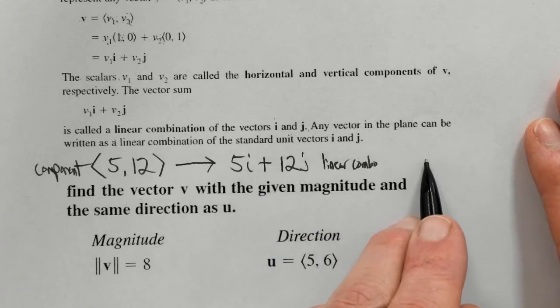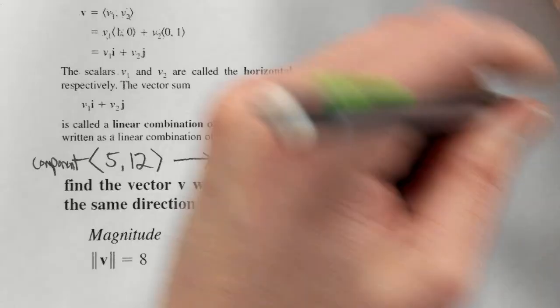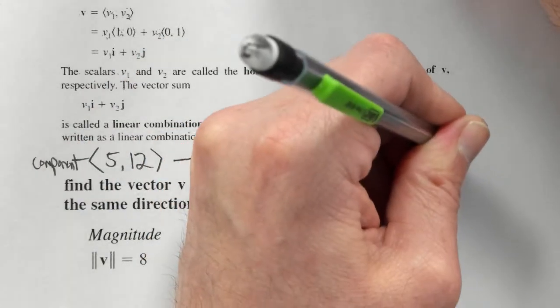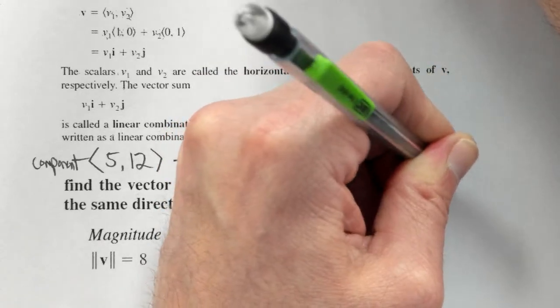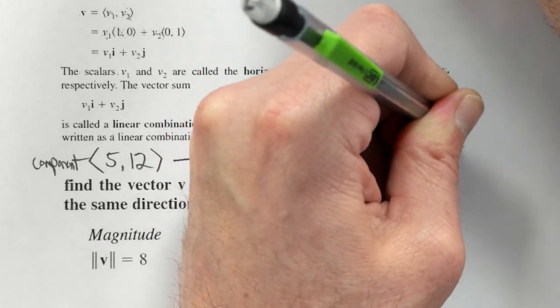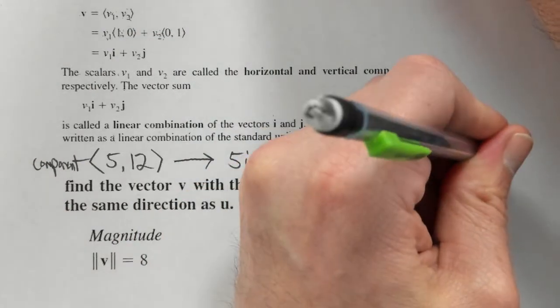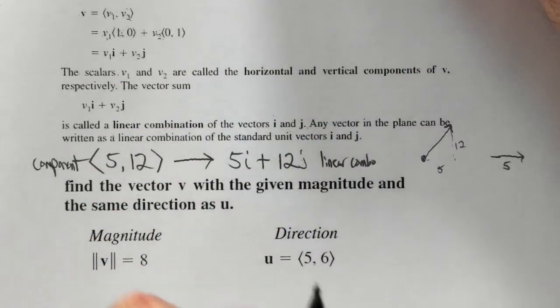And so the reason why this works is now we're taking 5 and multiplying it times that standard unit vector of 1, so it's a vector that comes this way. So in other words, if I have my original vector that was over 5 and up 12, right? Over 5 up 12, there was my original vector. If I write it in this form, I'm just taking the standard unit vector, multiplying it and giving it a length of 5, right?